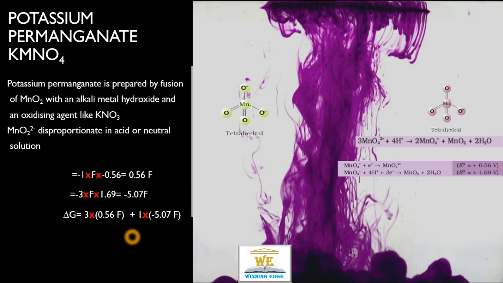So delta G is negative, meaning the reaction is spontaneous. This is basically an example of a coupling reaction where reduction of permanganate to manganese dioxide drives the whole reaction.